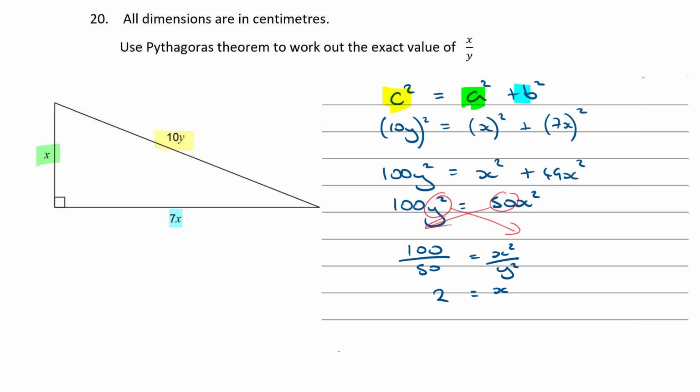So x over y then is going to be the square root then of 2. Be the positive and negative square root of 2, won't it? Okay. Well, it can't be the negative one because it doesn't make sense in terms of this problem. So it can only really be the positive solution. So I'm just going to leave it as the positive one actually. So x over y then is root 2.